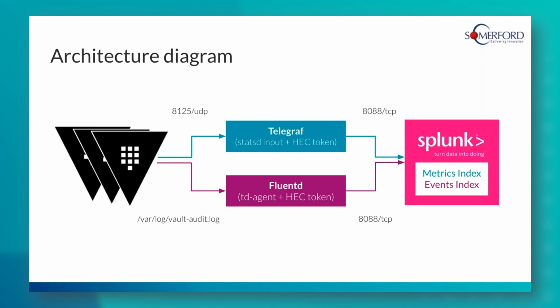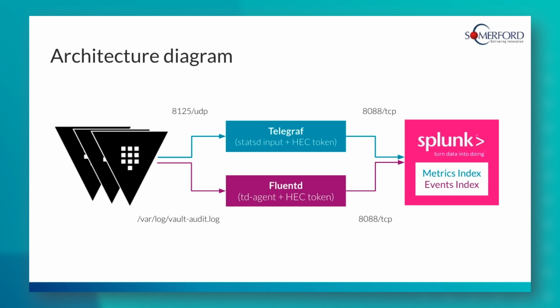As I said, the Vault Enterprise license is required before your Splunkbase account is allowed to download the app, but all the actual data from Vault that the app expects is available in the open source version as well. Just to make that distinction clear.